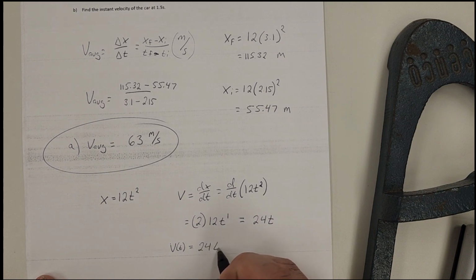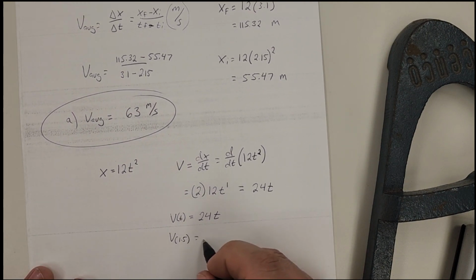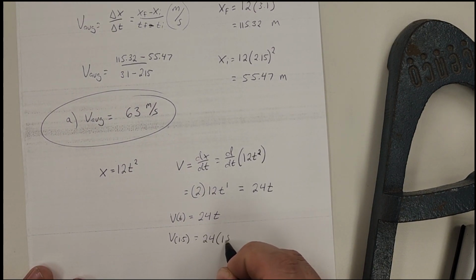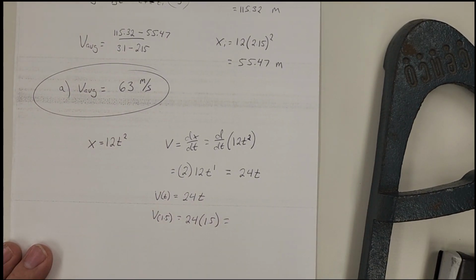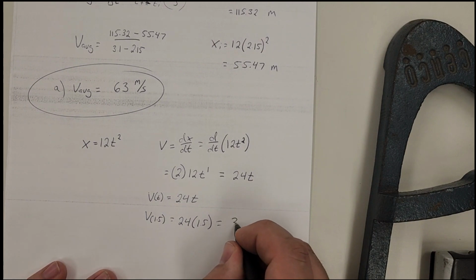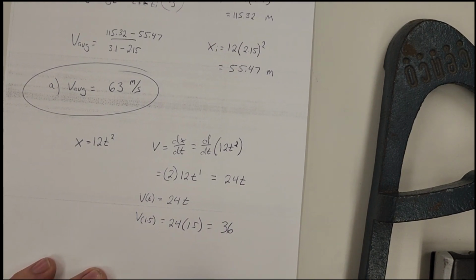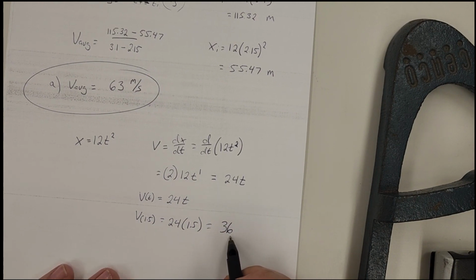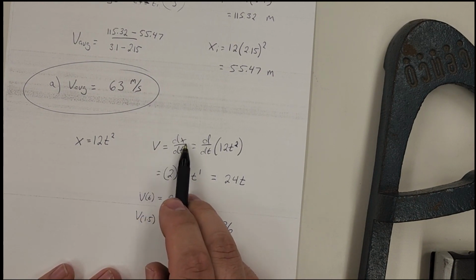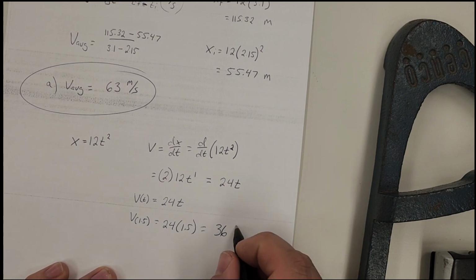So it would be 24t, which means our velocity when t is equal to 1.5 would just be equal to 24 times 1.5. You might be able to just do it right in your head. That is going to be 36. Our units, for velocity, it's meters per second, is how we got the derivative.